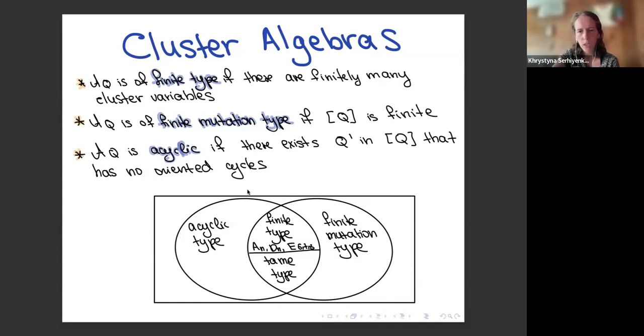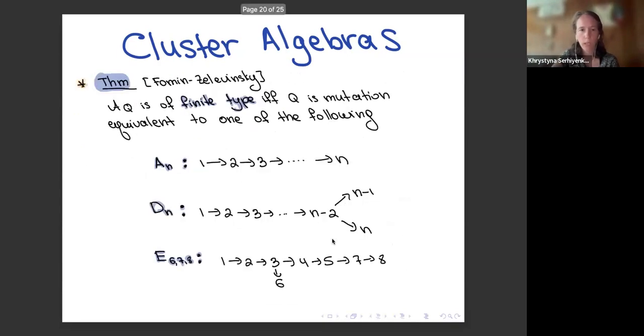Wild means there's really no hope of understanding all the cluster variables in that case. But for these, we can do some more interpretation and answer questions 1 to 3 that we had on the previous slide.